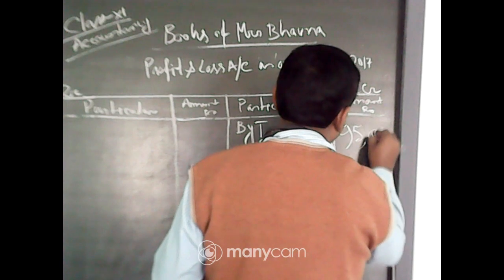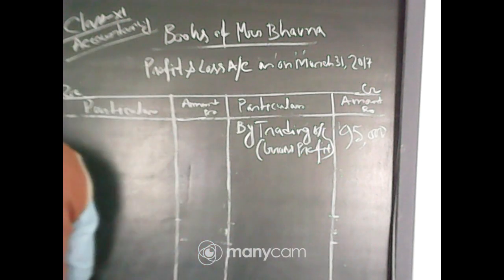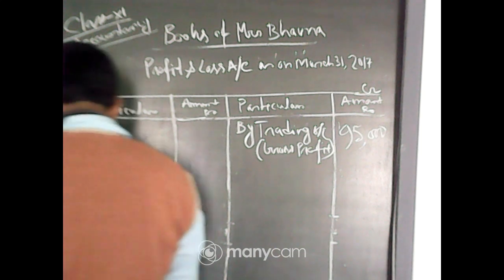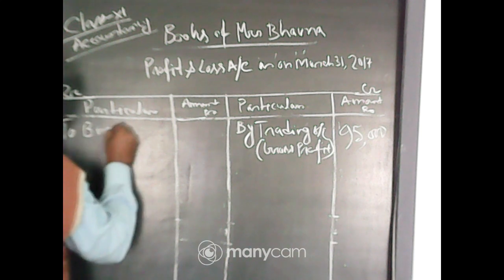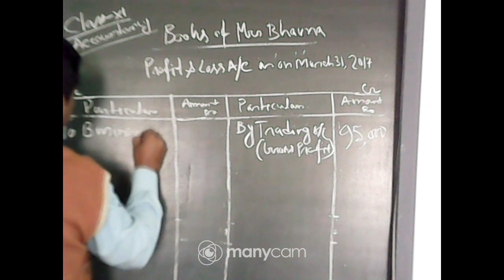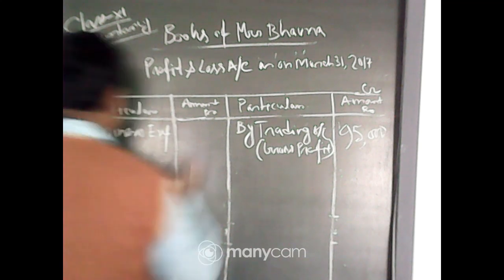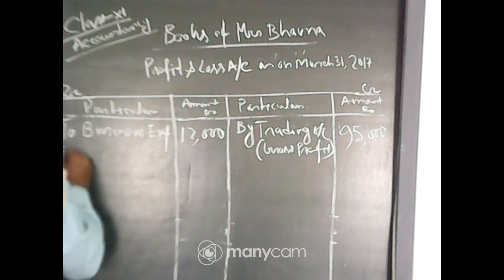We already got that. Now from the cash book you will get some of the expenses, that is business expenses. To business expenses, 12,000, that will be debited.